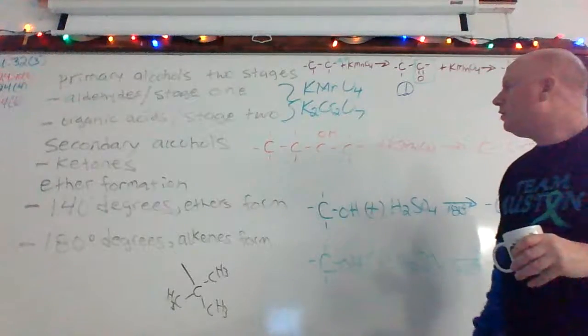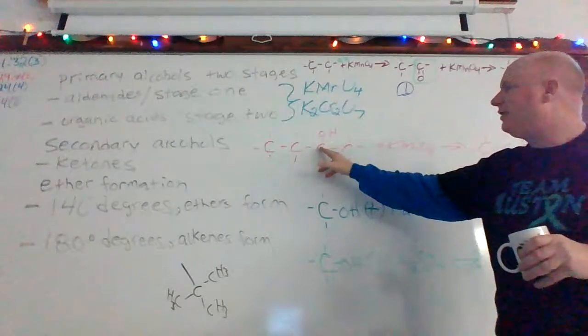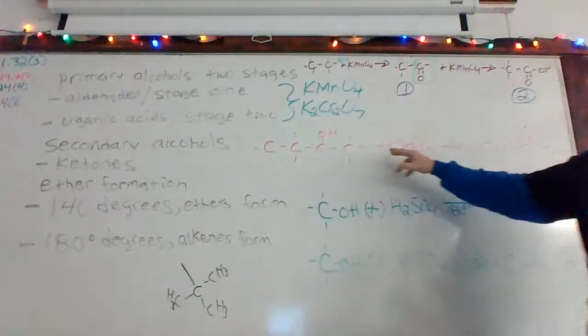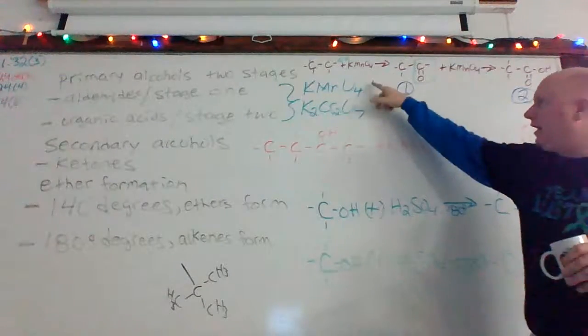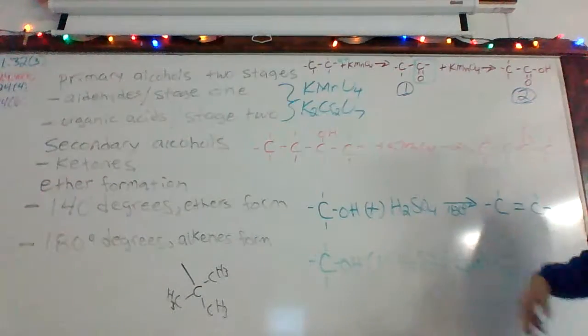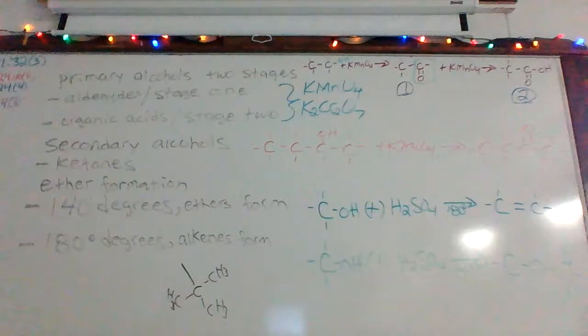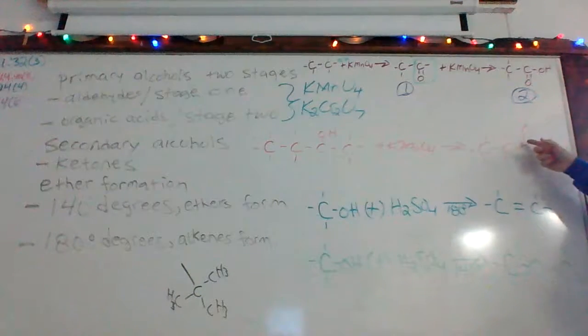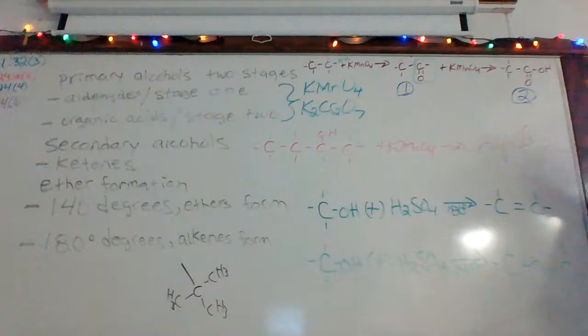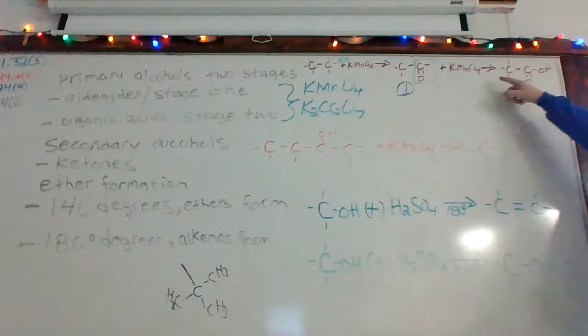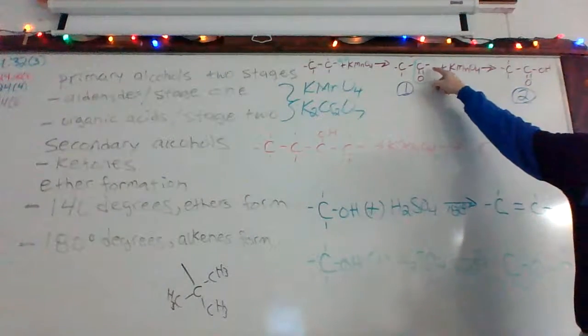So what we see happening is, as this is reacted with one of these oxidizing agents, what do we see is formed then? Ketone. Because that double bonded oxygen is somewhere other than up here, which is on the end, or the first.